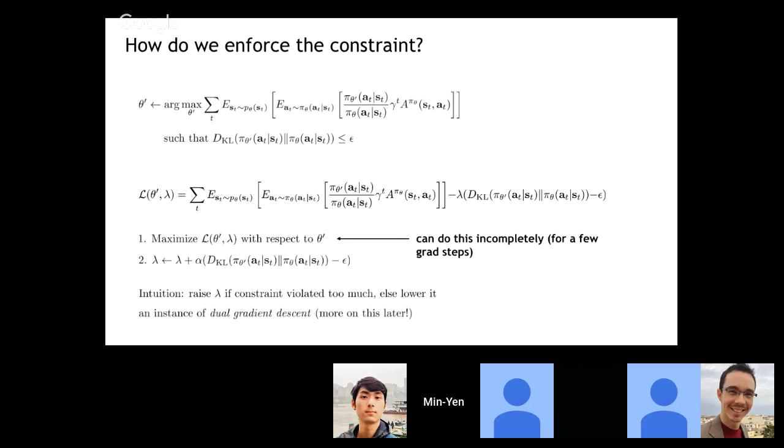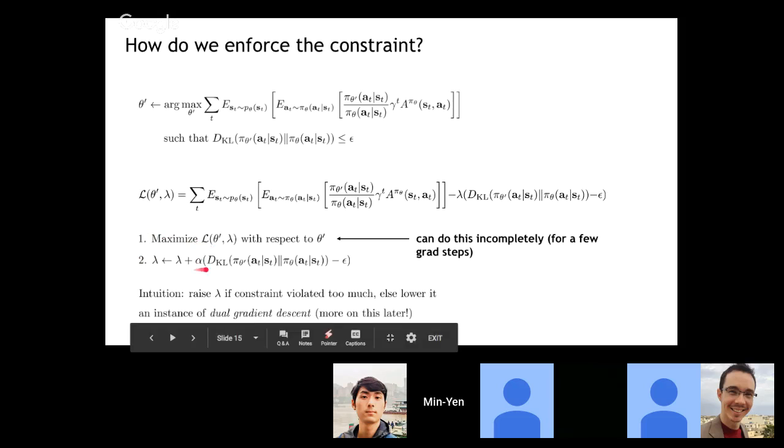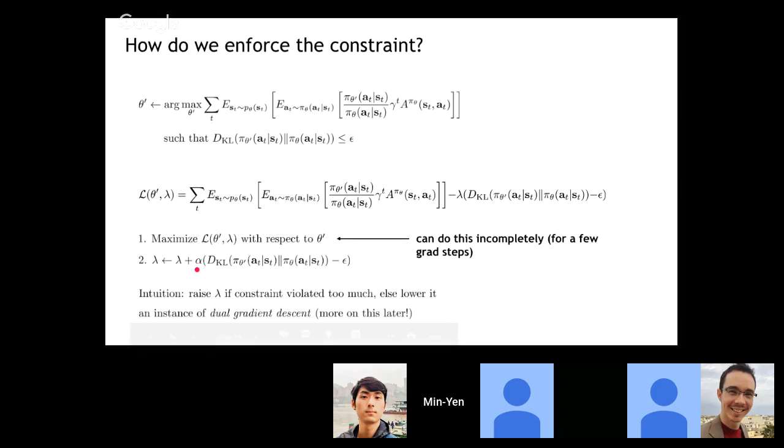Okay. So basically, it's my understanding that the second term is to penalize the objective function for violating the constraint. The second term meaning alpha multiplied by the KL divergence of pi theta prime and pi theta.